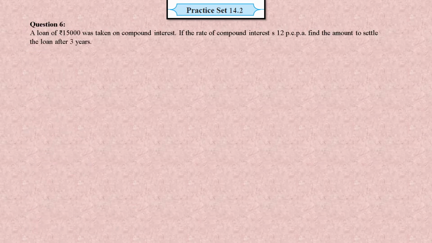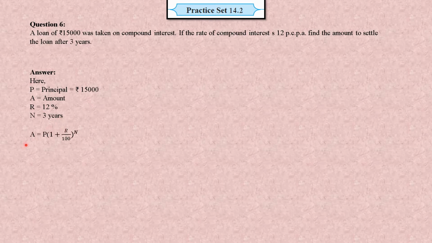Question 6. A loan of rupees 15,000 was taken on compound interest. If the rate of compound interest is 12% per annum, find the amount to settle the loan after 3 years. Here, P is the principal amount, that is rupees 15,000. A is the amount which has to be calculated. R is 12%. And N, the duration, is 3 years.